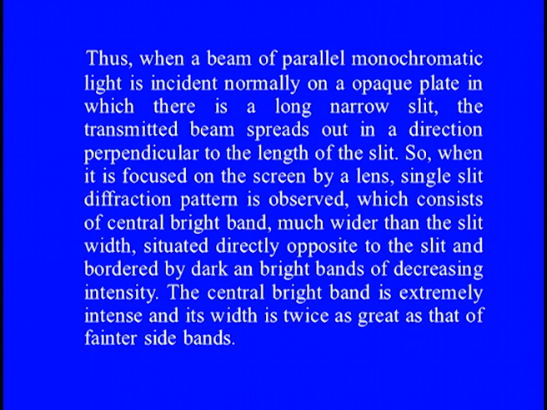Thus, when a beam of parallel monochromatic light is incident normally on an opaque plate in which there is a long narrow slit, the transmitted beam is spread out in a direction perpendicular to the length of the slit. So, when it is focused on the screen by a lens, a single slit diffraction pattern is observed, which consists of a central bright band much wider than the slit width, situated directly opposite to the slit and bordered by dark and bright bands of decreasing intensity.